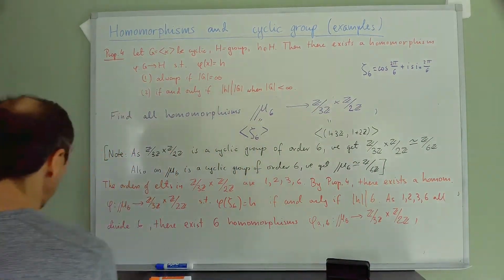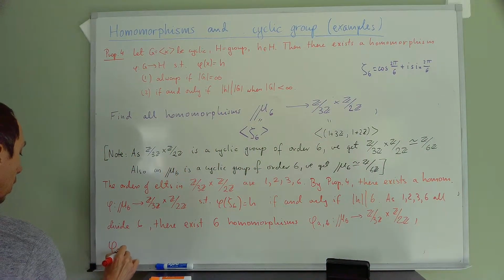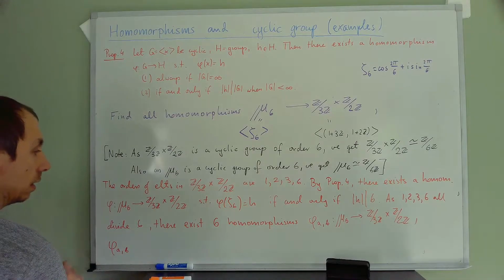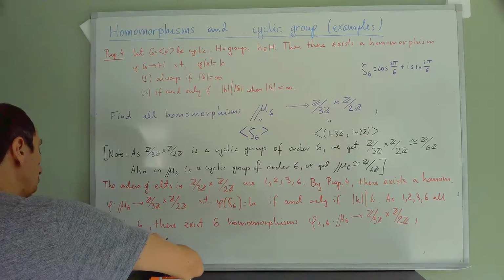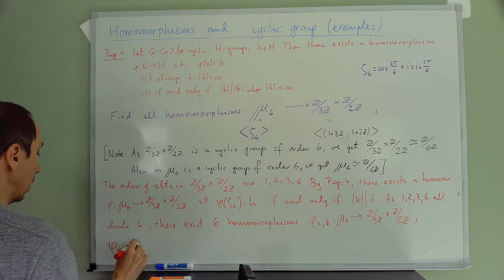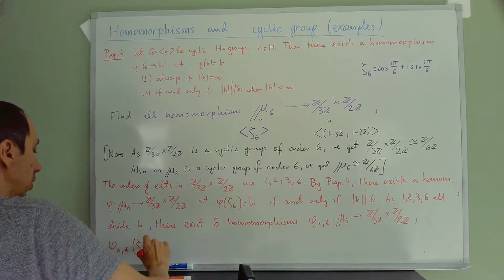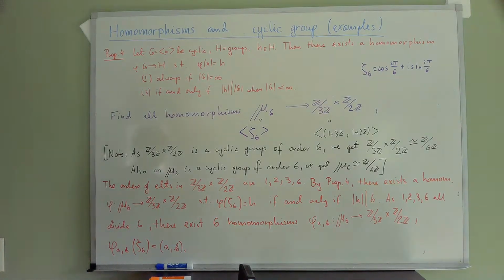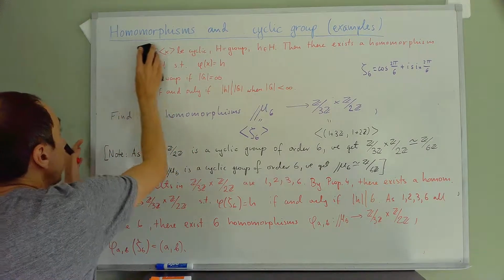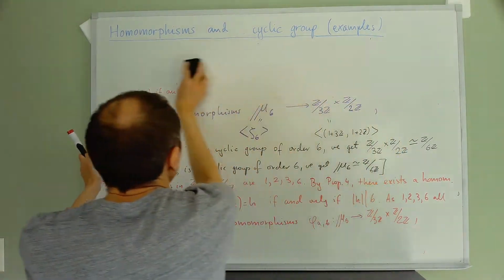And my phi AB is going to be defined by the fact that it takes zeta 6 to A comma B. So let's actually look at some of these homomorphisms. I will not need this proposition anymore, so let me erase this.